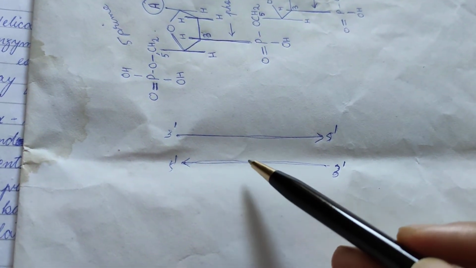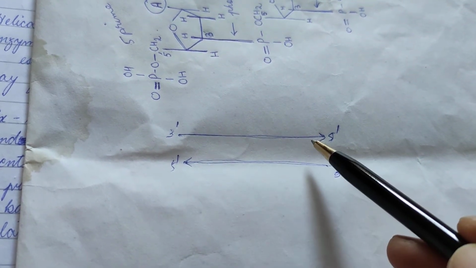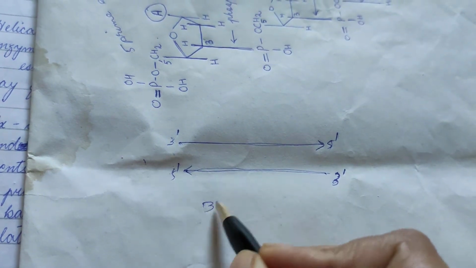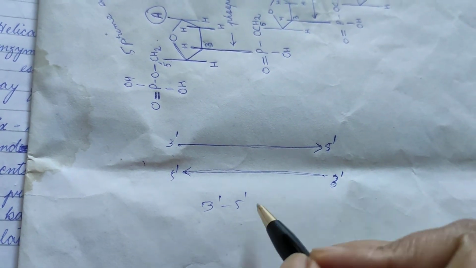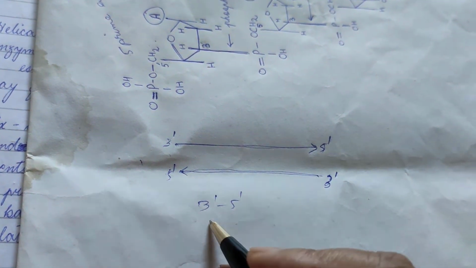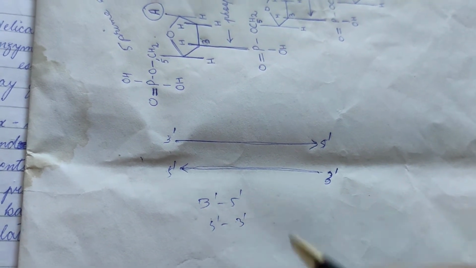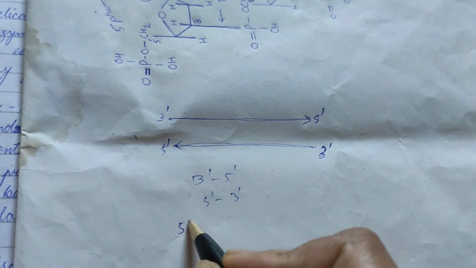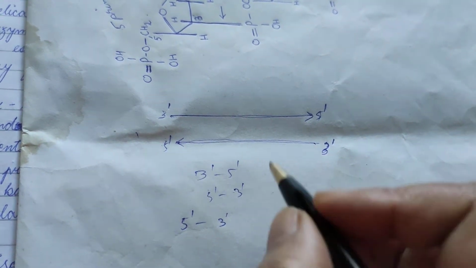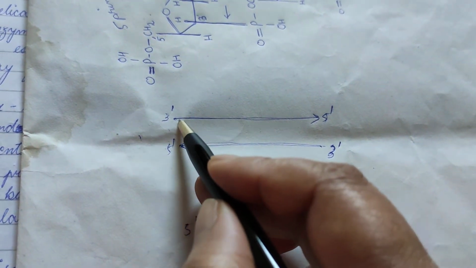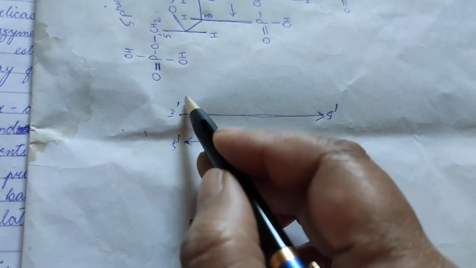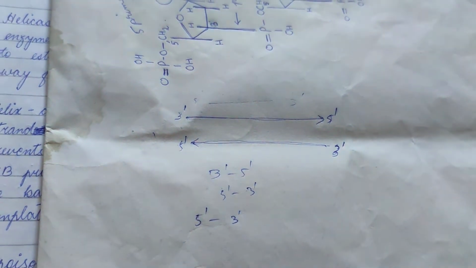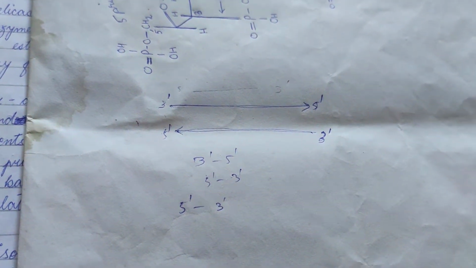So they are parallel to each other, but anti-parallel. So here we can write 3' to 5' direction and 5' to 3'. DNA replication takes place from 5' to 3' direction.